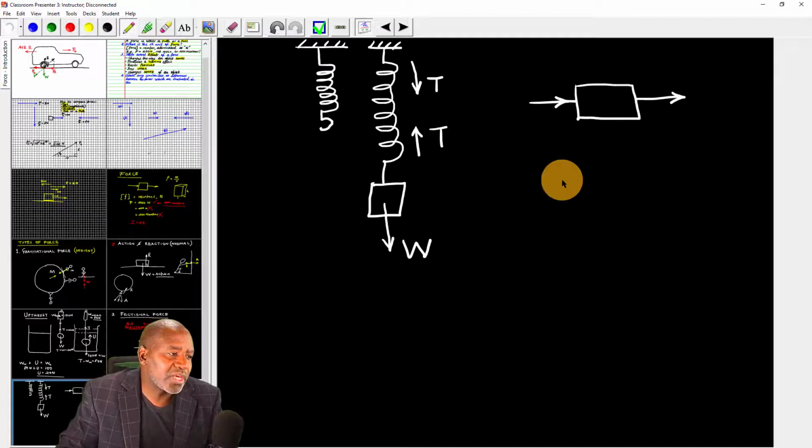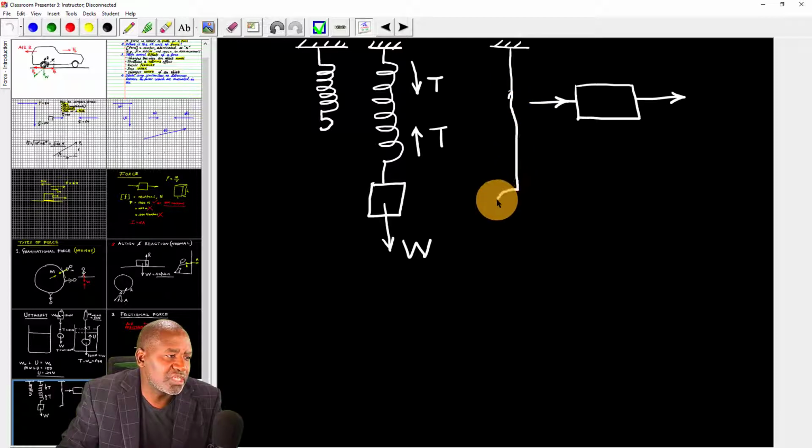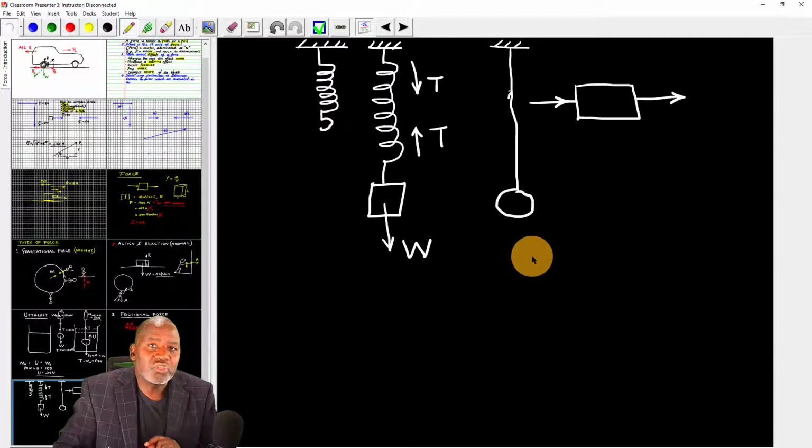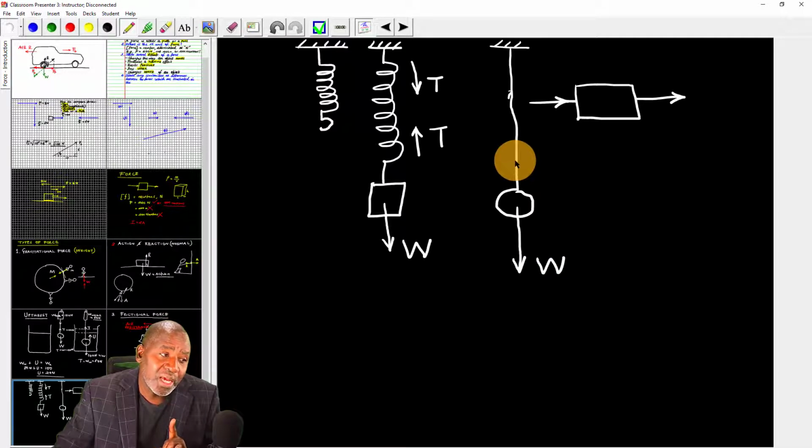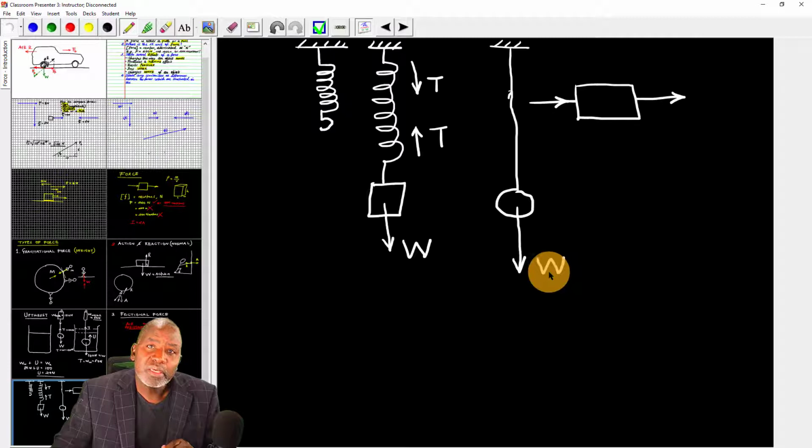Another example that we can think about is a situation where we've got a piece of thread, it should be straight, and this object here, the one that I've used in the study of upthrust. One of the forces exerted on this string by this body is the weight of the object.